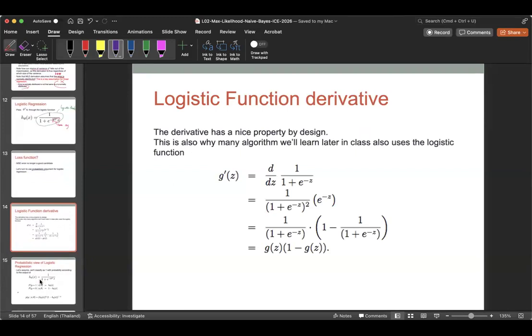Okay, so before we prove that, let me show you a very interesting property about the logistic function.